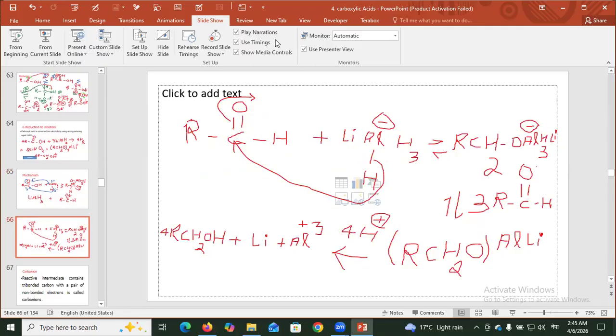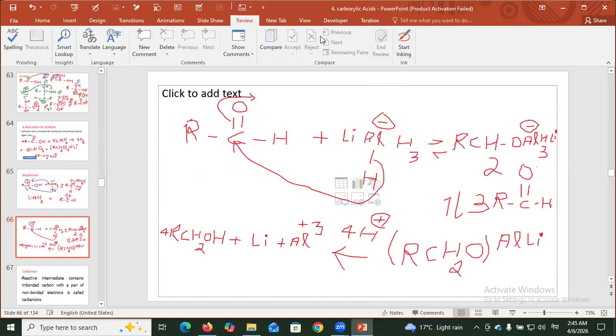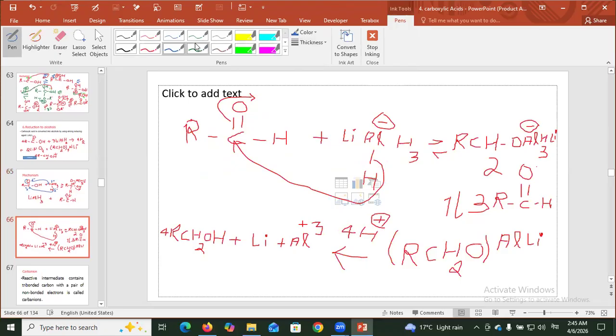The aldehyde is again attacked by lithium aluminum tetrahydride, delta minus.